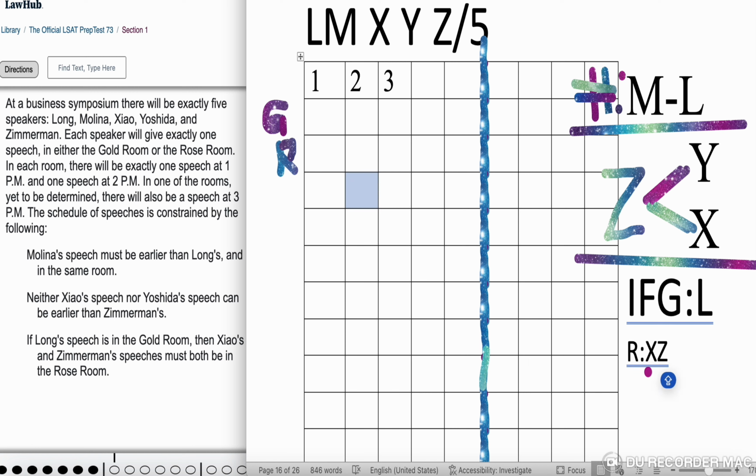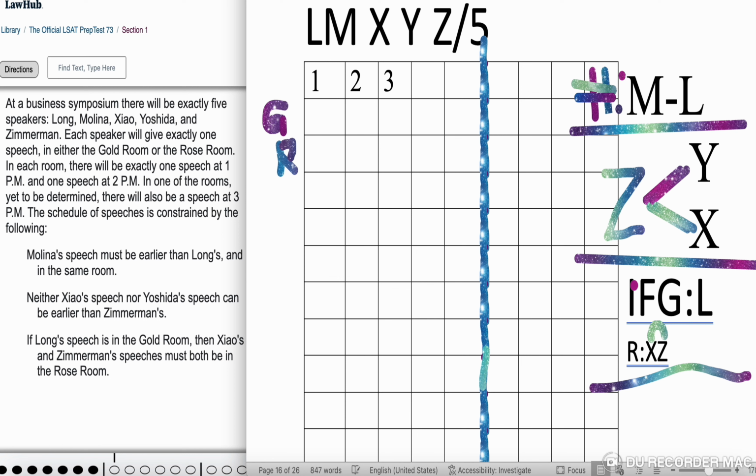For this one, I'm going to draw the rainbow. It shows that it can go back and forth, meaning it doesn't necessarily have to be X before Z. It could be Z before X, but they have to be in the R room. So this is going to be considered the third condition.